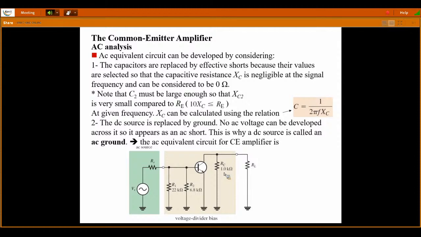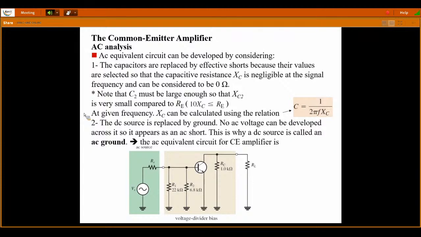We have to choose the coupling capacitor C2 large enough so that the reactance offered by the capacitor is very small when compared with your emitter resistor. So the reactance offered by the capacitor value which I am taking as C2 must be large enough, so that the reactance of the capacitor becomes very small when I compare it with your emitter resistor.